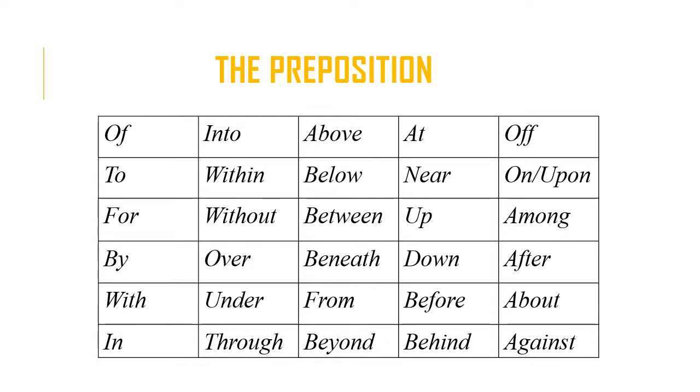Of, into, above, at, off, to, within, below, near, on, upon, for, without, between, up, among, by, over, beneath, down, after, with, under, from, before, about, in, through, beyond, behind, against.